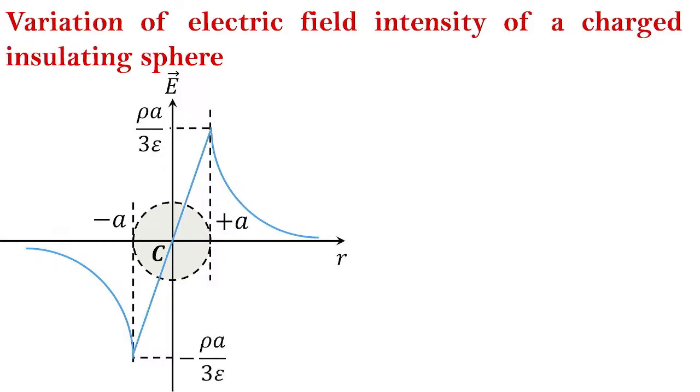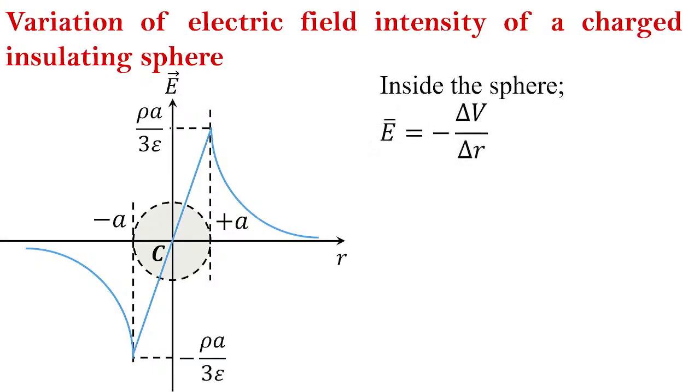If you take one part of it, from the center to the surface, for the positive side, you can see there is a y equals mx type of curve. Inside the sphere, interestingly, the gradient is increasing, electric field intensity increasing positively.